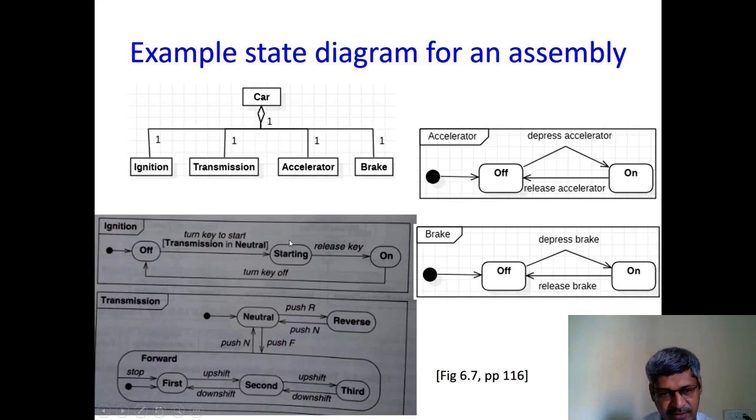We'll discuss that later, the interesting cases. When you turn the key to start, it will turn to the starting state. When you release the key, it will go into the on state. Basically you press the button and then release it, and then the engine is in the on state. If you turn off the key, it will go into the off state. So this is the state diagram for the ignition part of this car.